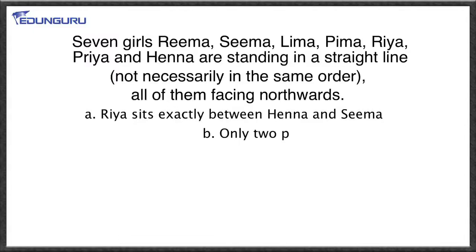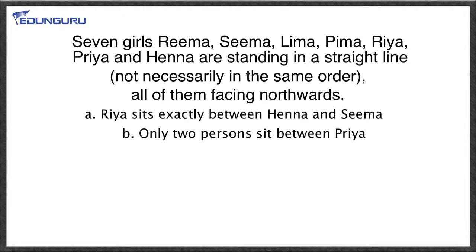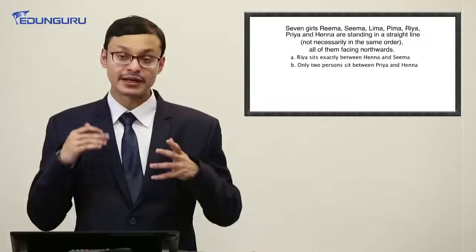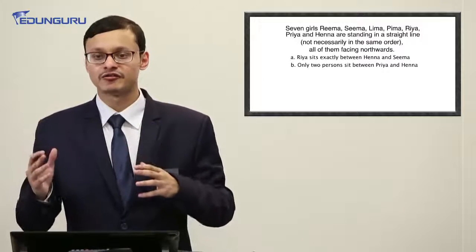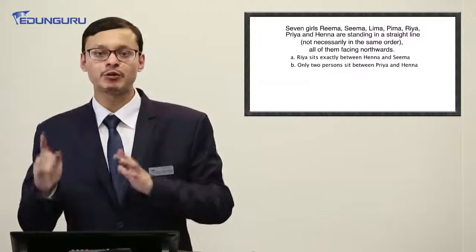The second clue says only 2 persons sit between Priya and Henna. But again, we do not know the exact position of either one of them. If we had known the position of either one of them, we could have fixed the others. So let us look out for clues whereby we can automatically understand which one to use.